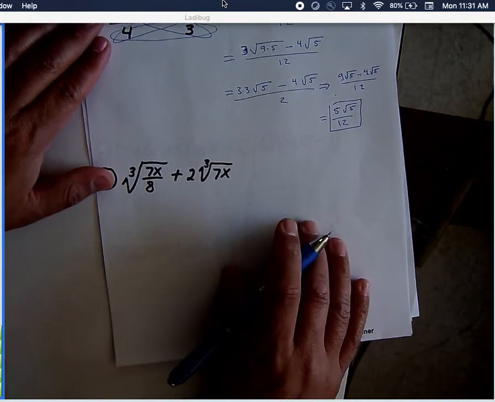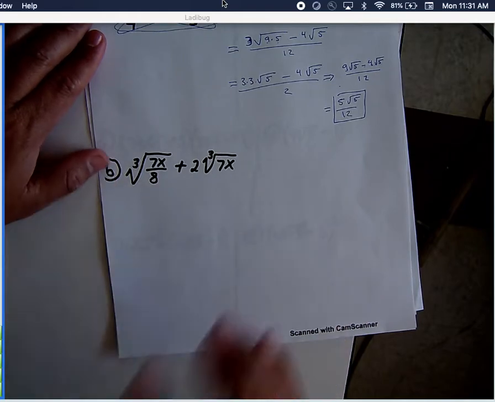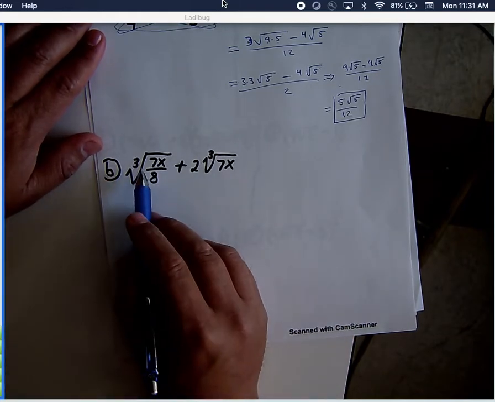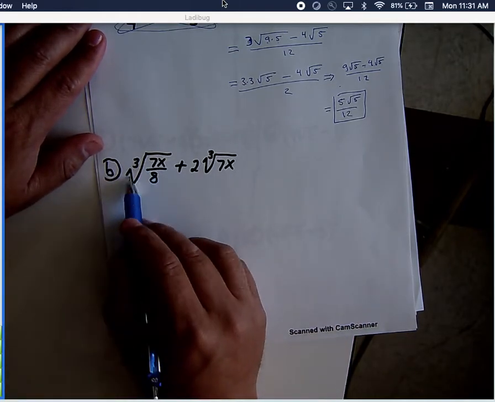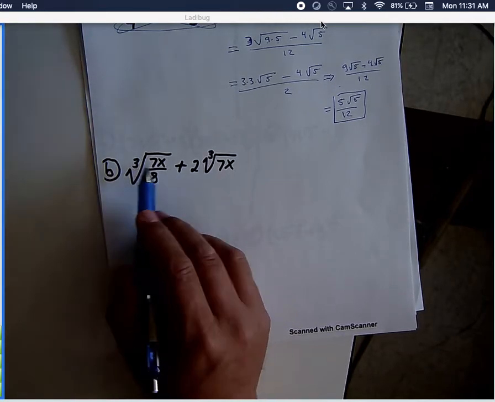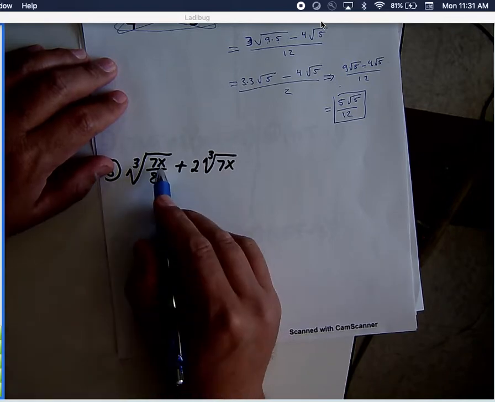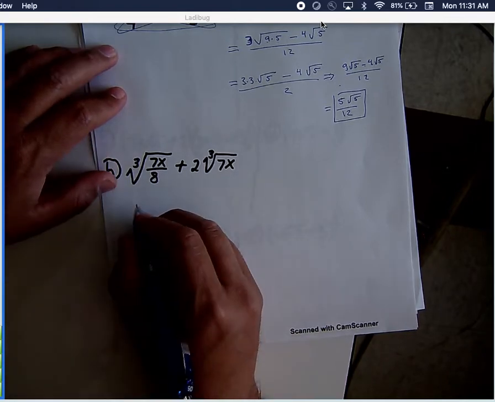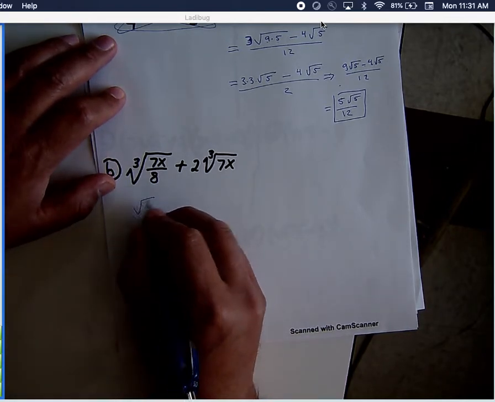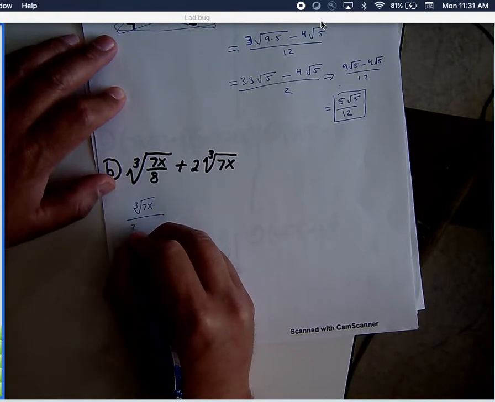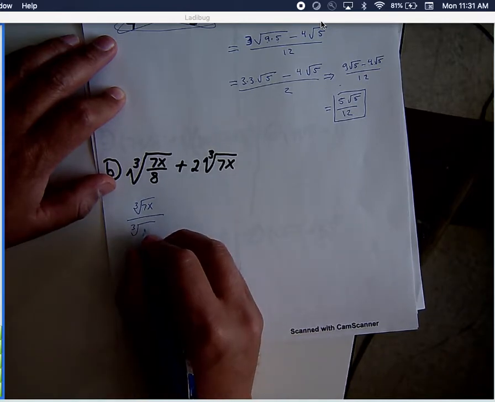Okay, this one has an extra step. If you see this part, I would separate the cube root individually with these two parts of this rational number. So I would do cube root of 7x over the cube root of 8, plus 2 cube root of 7x. This is a rule, you can do this.